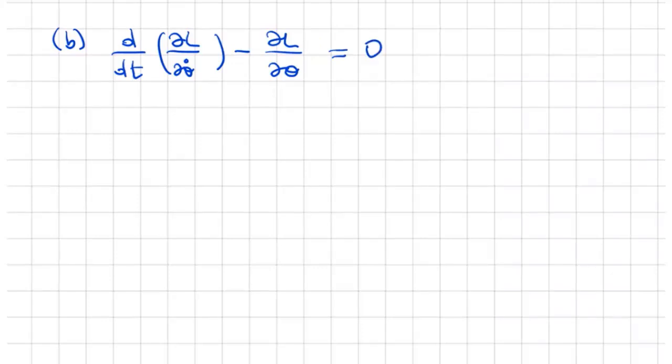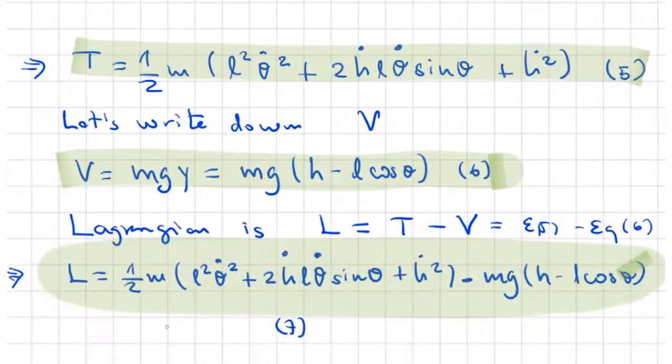Because we have the Lagrangian already, we are going to calculate these terms, the derivatives, to find the equation of motion. Then let's calculate the partial derivative of the Lagrangian with respect to theta dot.